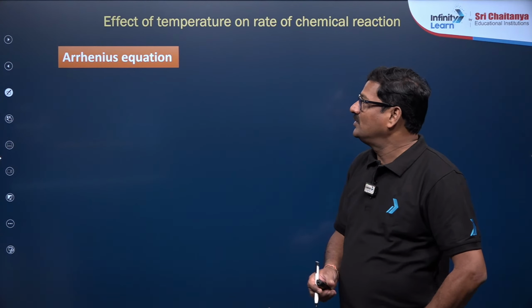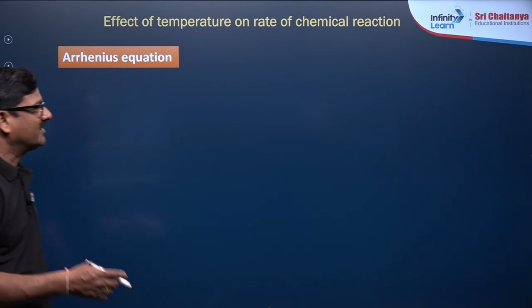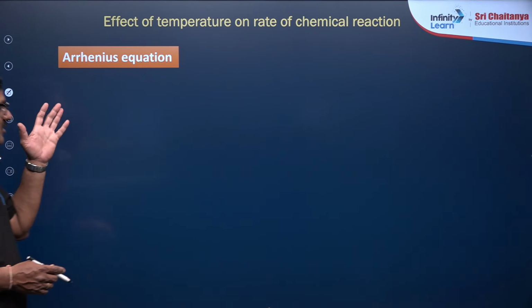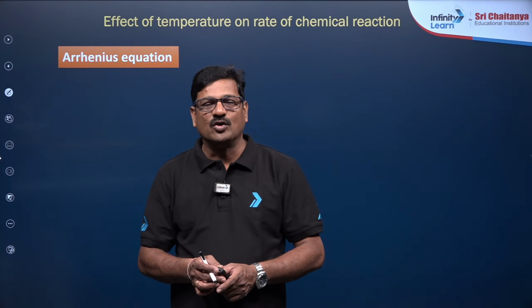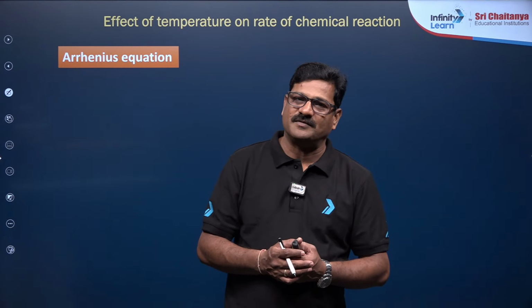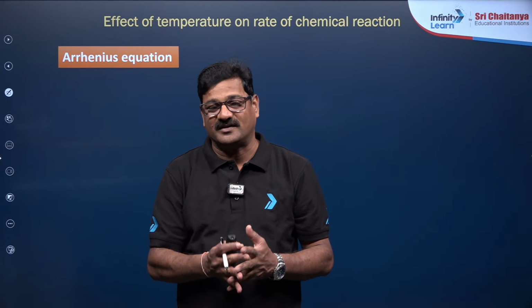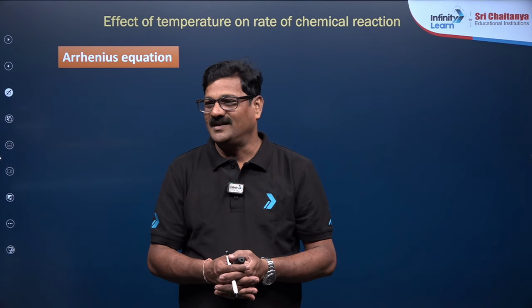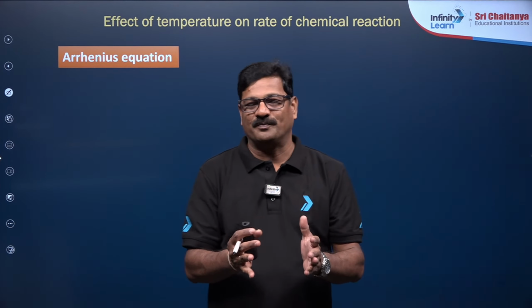Fantastic. So the effect of temperature on a chemical reaction is explained on the basis of the Arrhenius equation. And you know the various factors that influence the rate of a reaction. Can you mention in the chat box what the factors are? Yes, Betu, what are the factors you know?